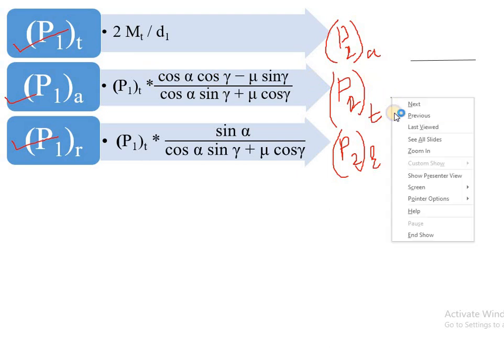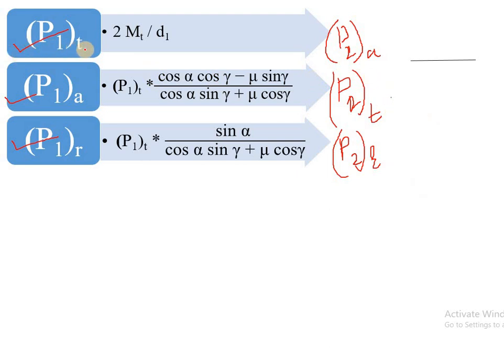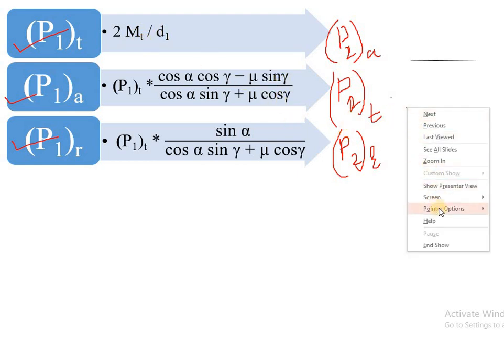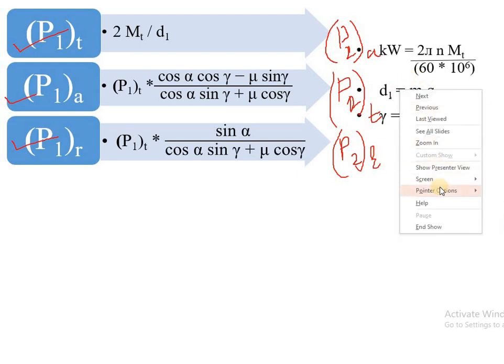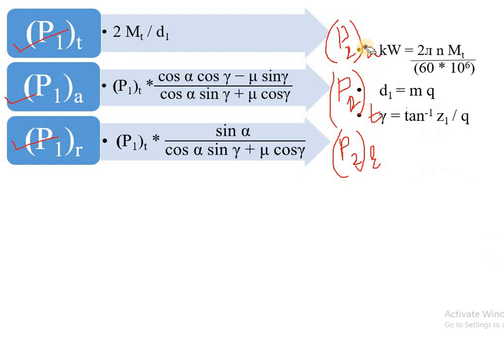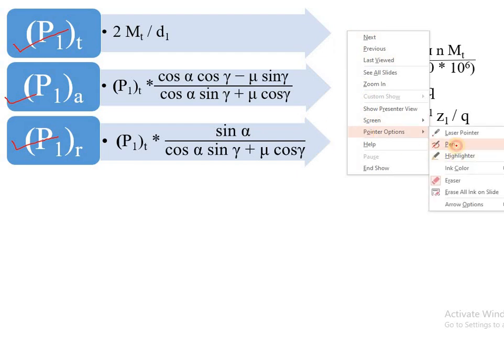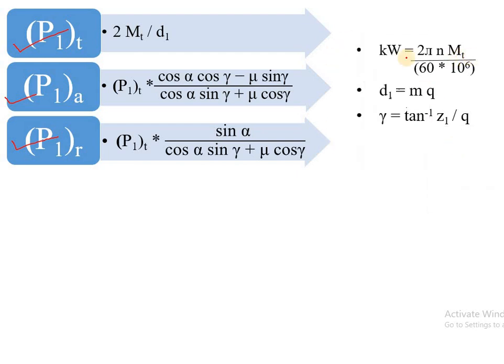P1T is calculated by 2 MT upon D1. Now how to calculate MT? We have this formula for power: power is equal to 2 pi n MT upon 60 into 10 raised to 6.